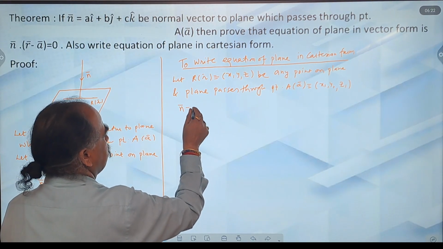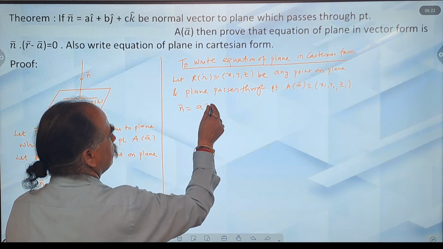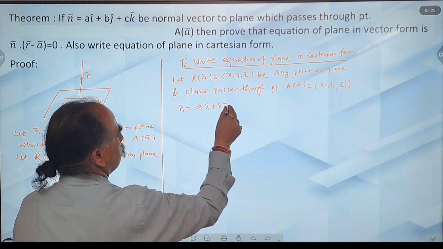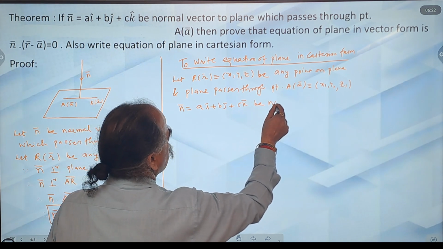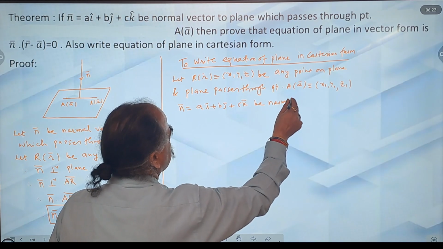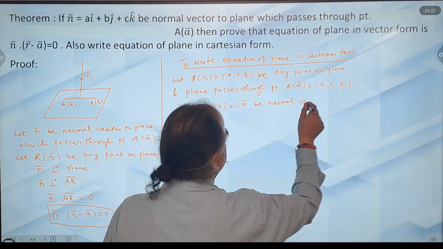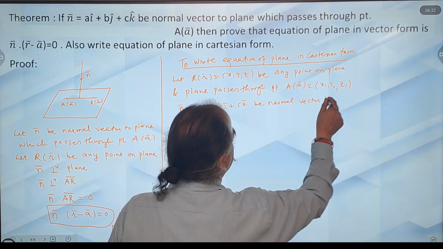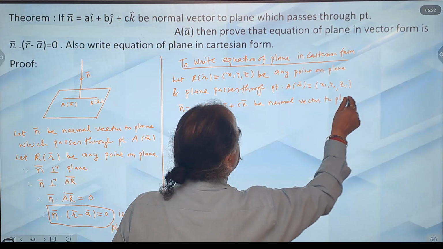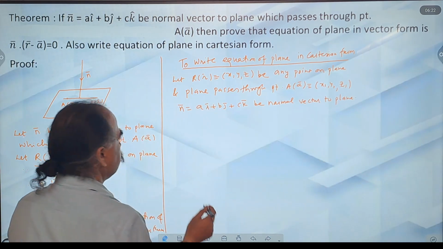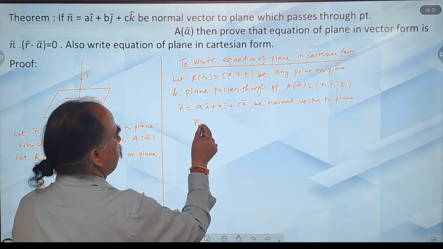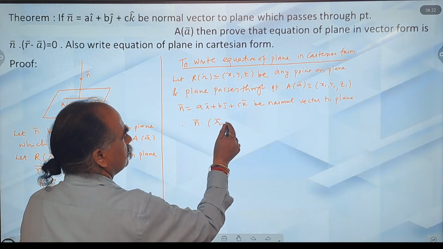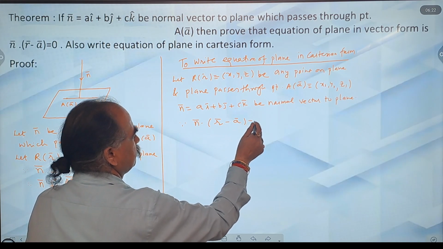N bar is equal to AI plus BJ plus CK be the normal vector to the plane. Since n bar dot R bar minus A bar is equal to 0.